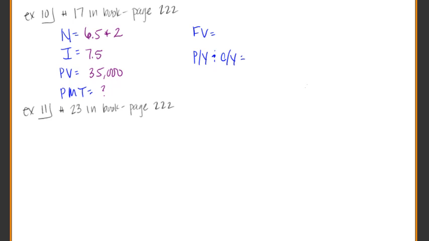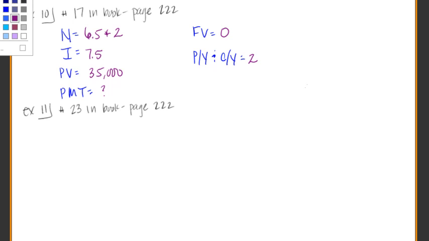To finish this up, the number of payments per year and the number of compounds per year: it said semi-annually, so it's 2. And you have the present value of $35,000. So obviously this is more like a loan. You want to know the payments in order to pay it off. So the future value is going to be 0.